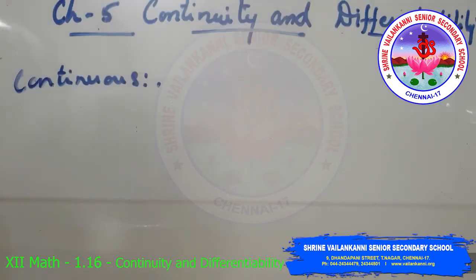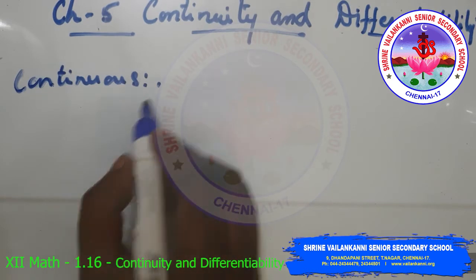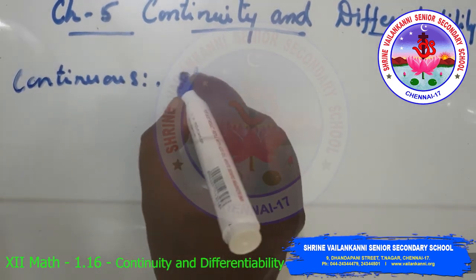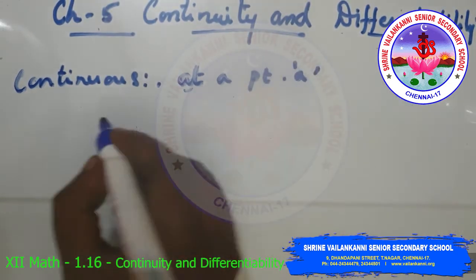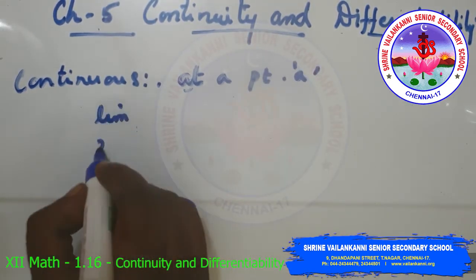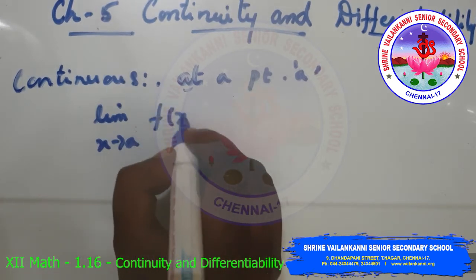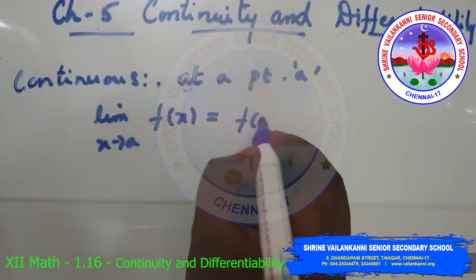A real valued function f of x is continuous at a point a in its domain if limit x tends to a, f of x is equal to f of a.